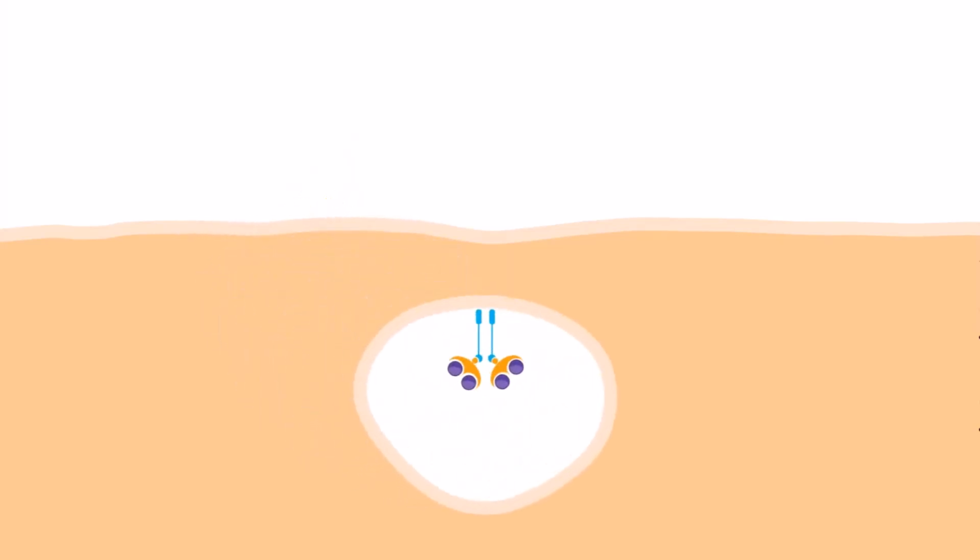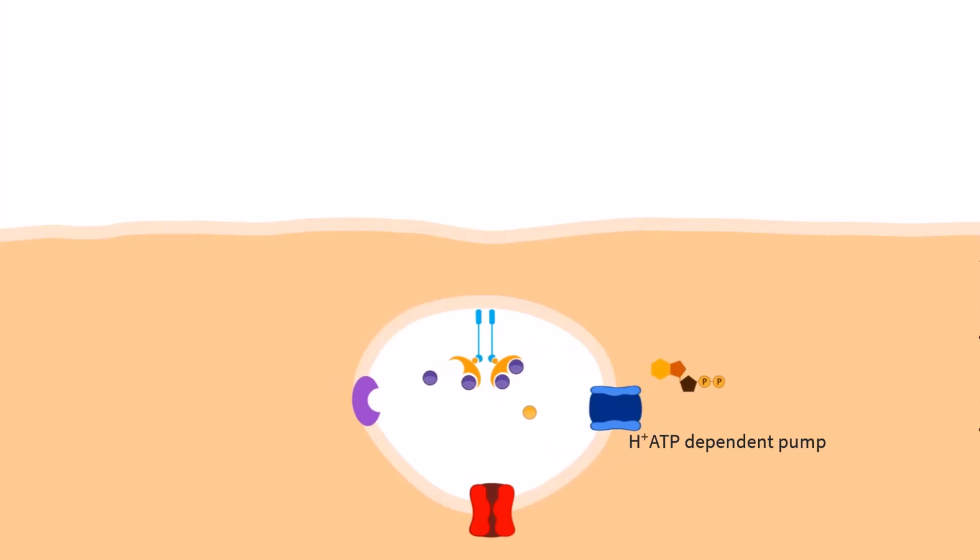The entire complex is then incorporated into the cell by clathrin proteins to form endosomes. A proton ATP-dependent pump of the endosomal membrane pumps hydrogen ions into the endosomes, acidifying the contents.